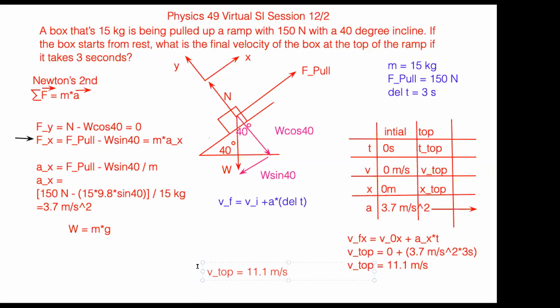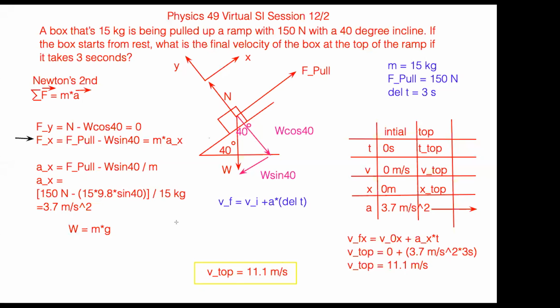We don't care when it ends. The only thing we know is in 3 seconds, the object will be at the end of the ramp. So you can go and calculate distance and everything, but that's not of any importance to us. We just utilize that piece of information to get the final velocity.